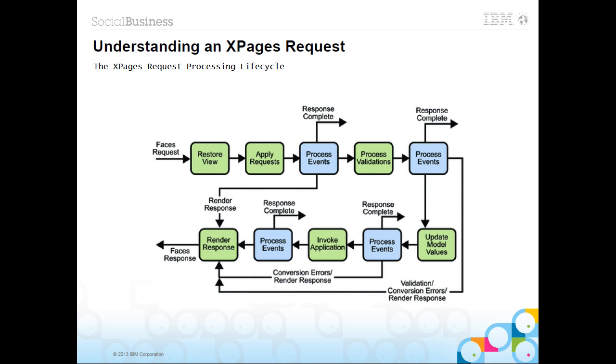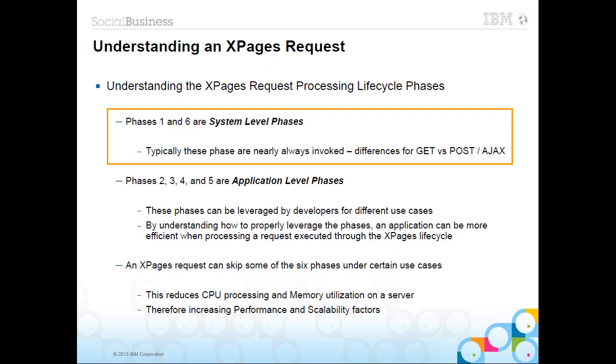And it is you as the XPages developer that will have the most influence over the amount of processing that occurs. And as we move into videos 3 and 4 of this first series, you will then learn how you can affect that influence and fully optimize your applications to make maximum use of the XPages Request Processing Lifecycle to minimize the amount of CPU and memory usage for your XPages requests.